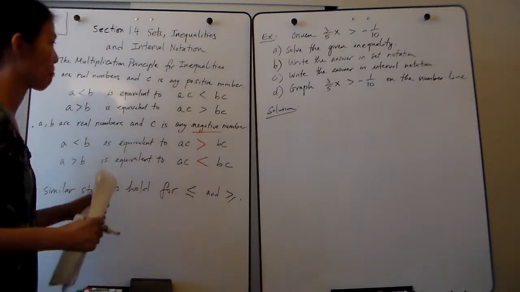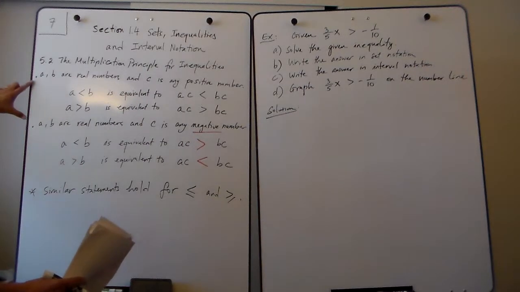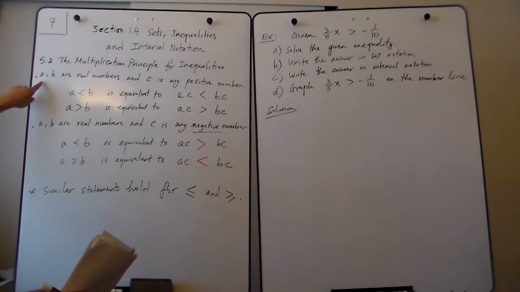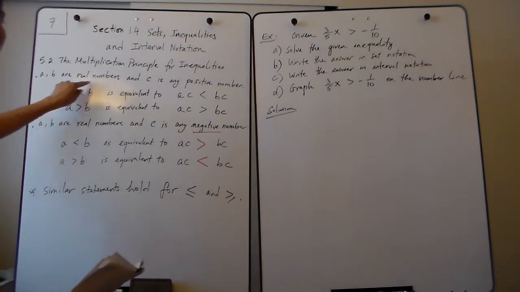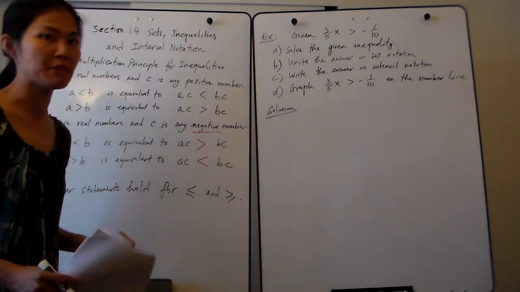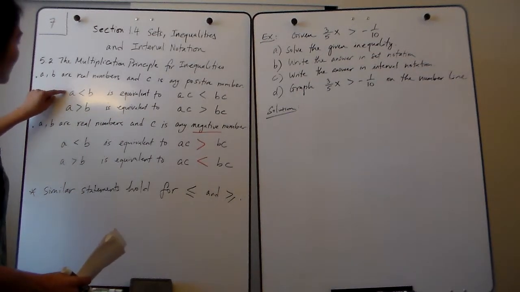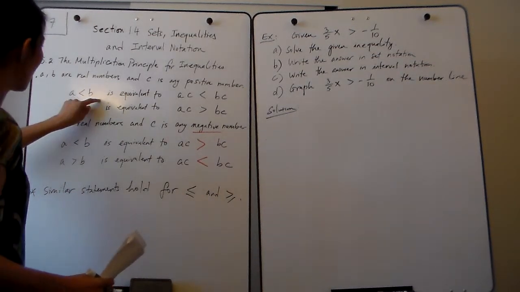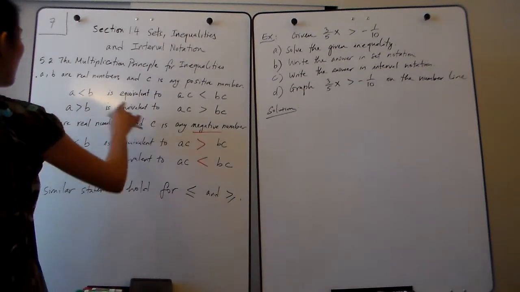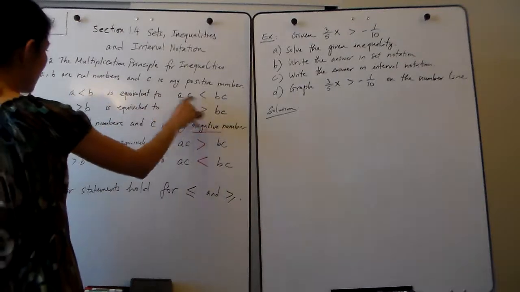I'll tell you what the difference is, but for now, there are two cases here. Given A, B are real numbers, and C is any positive number, we have these two equivalent inequalities. If A is less than B, then if you multiply C on both sides, it's still equivalent.